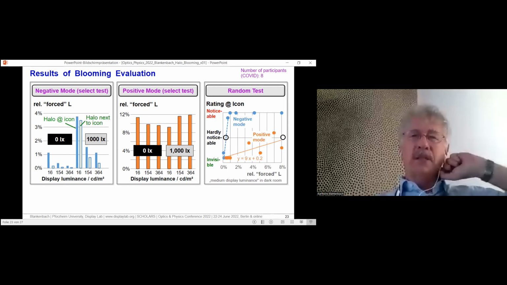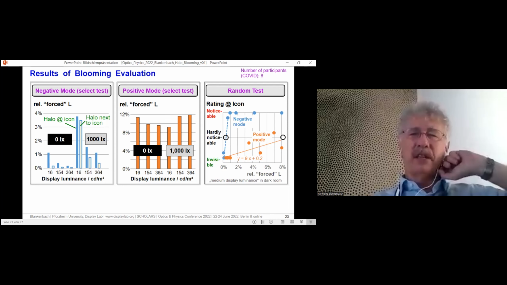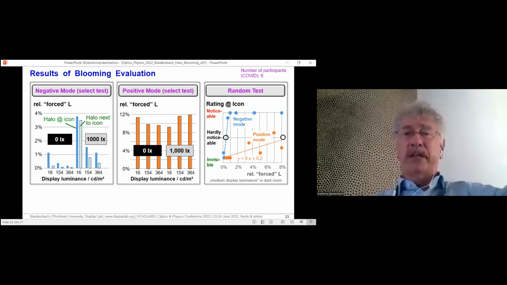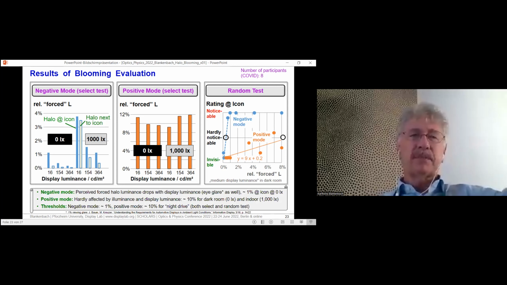And with that and the random test, we were able as well to extract the threshold when halo or blooming is noticeable or hardly noticeable. For negative mode, it's in the range of 1%, and for positive mode, it's in the range of 10%.